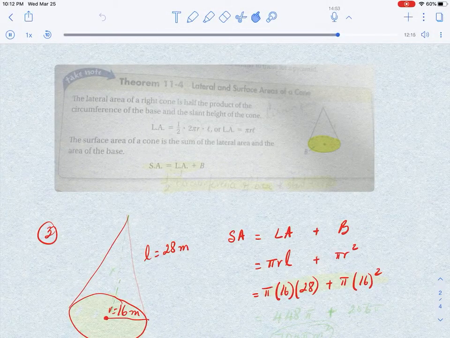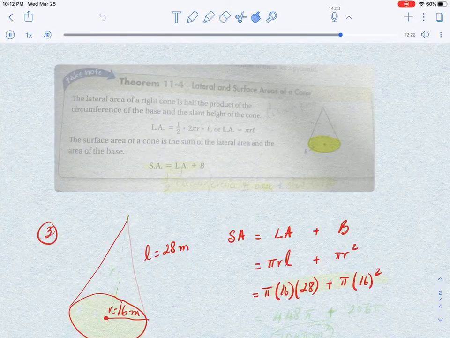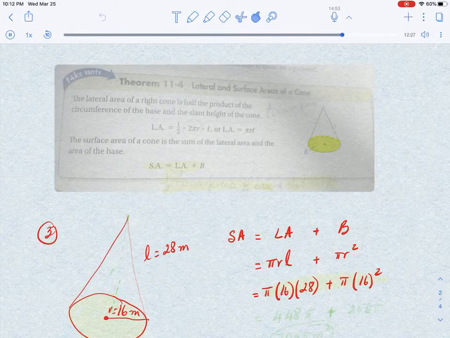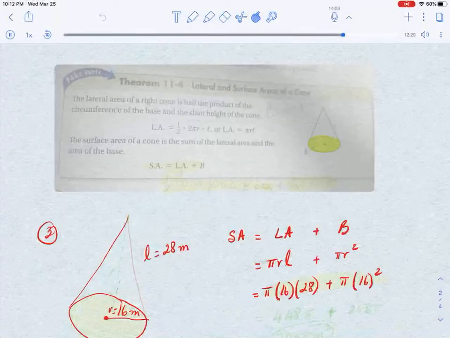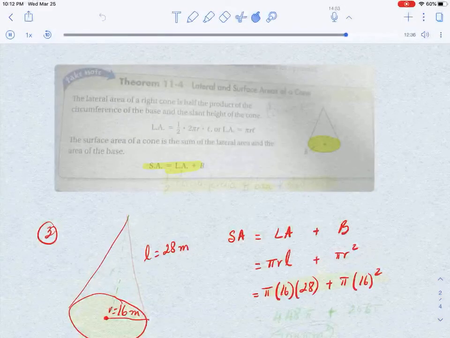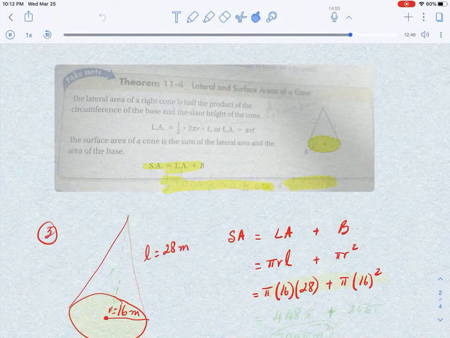For a cone, it is still 2 pi r, but half of it, so you divide it by 2, and instead of the height you use the slant height. When it's a circular shape, it is the circumference of that base times the slant height.